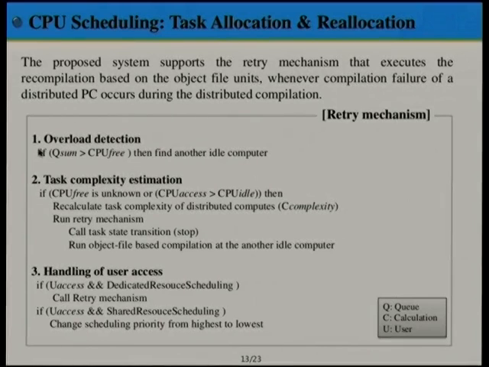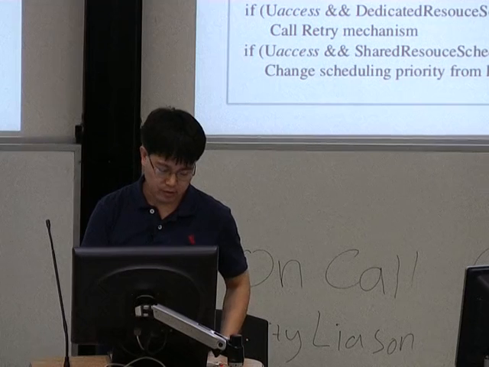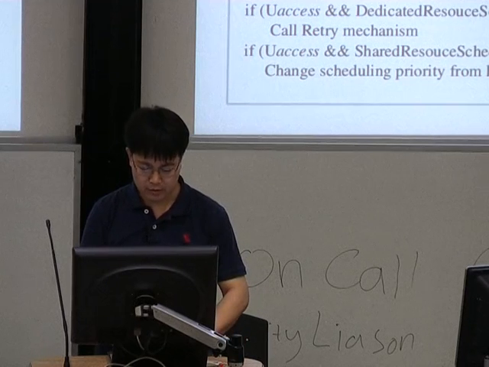The first is overload detection: if some queue is bigger than the free CPU, in this case the resource is managed by other idle computers. Second is task complexity estimation. And third is handling of the user access.